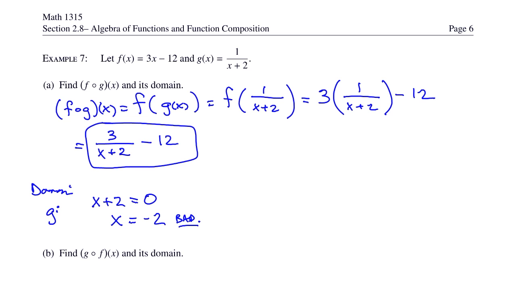Now the question is, what elements would make f undefined? F is a polynomial. Polynomials are continuous everywhere, so there is nothing that's going to make f undefined. So that's where the trail stops. So the domain of f composed with g is negative infinity to negative 2, union negative 2 to infinity.